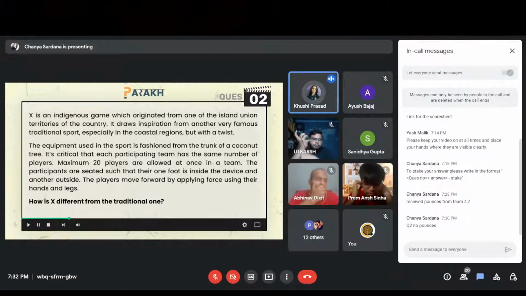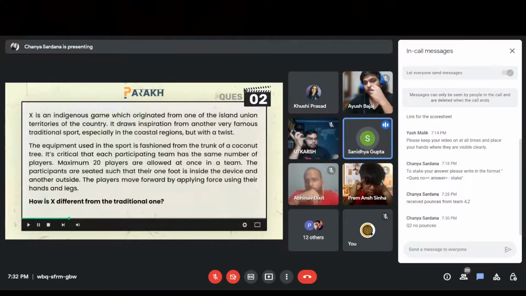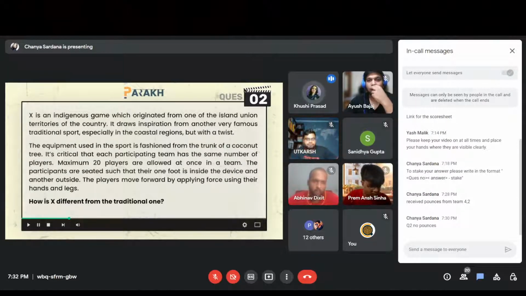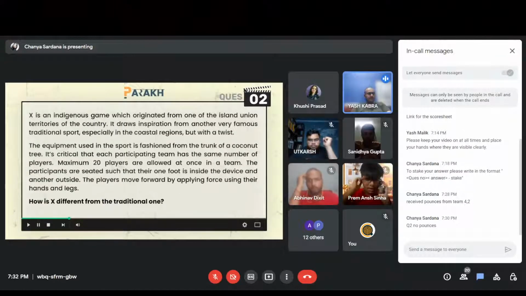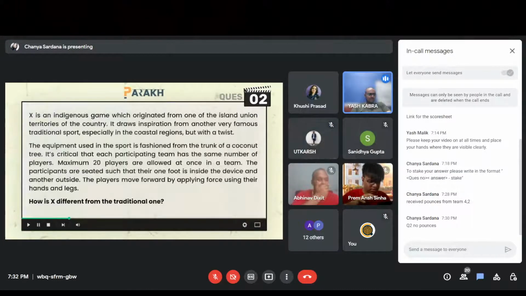Okay, so team 4. The modern version is an individual sport, and that was a team game, I guess. Team 5. They use rafts made up of coconut trunk instead of normal boats and move with their hands and legs instead of oars. Team 6.